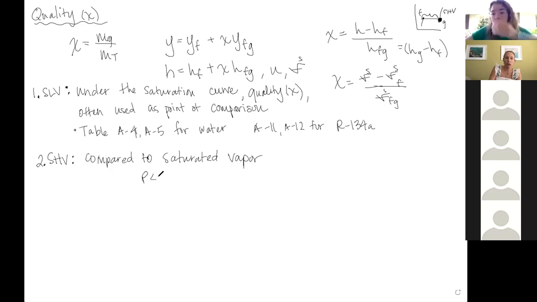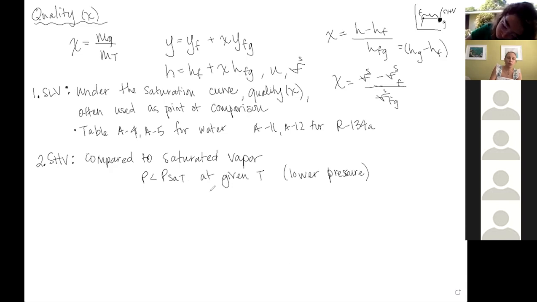So pressure is lower than Psat at a given temperature. We're at higher temperature, so temperature is higher than Tsat at a given pressure. These are kind of the two big ones.